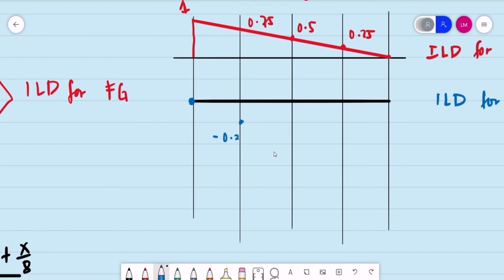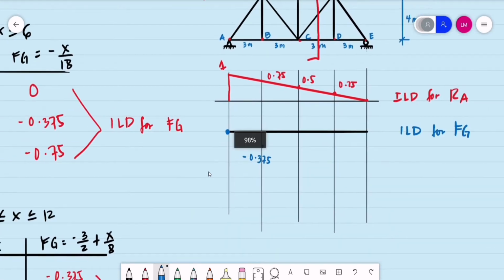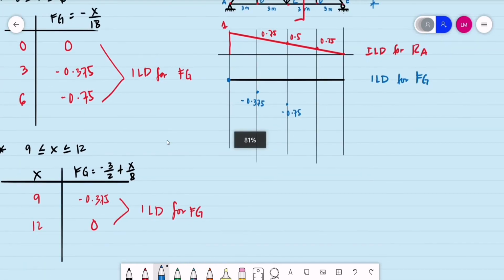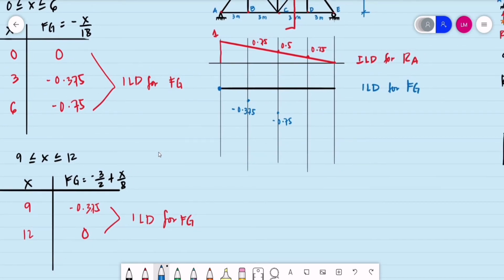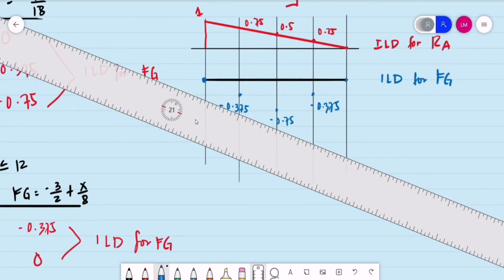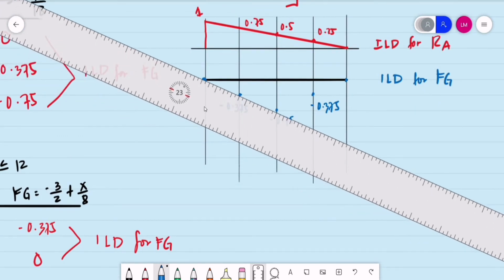Then at x equal to 6, that is negative 0.75. Then we go to the other interval, from 9 to 12. At x equal to 9, it is again negative 0.375. Then at x equal to 12, that will be equal to 0. So as you can see, this will be the influence line for the axial force for member FG, and all ordinates are negative.